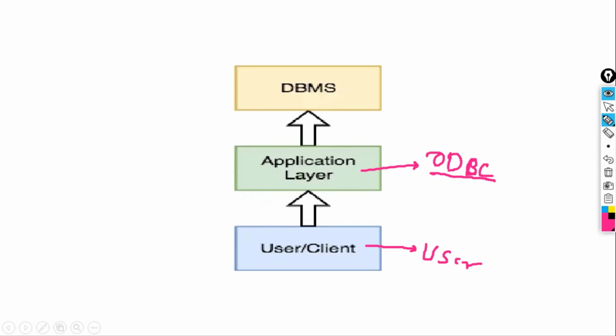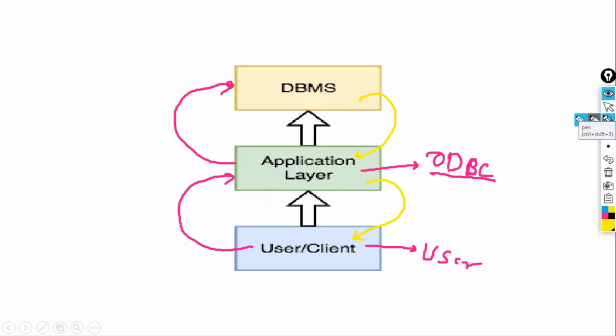And now the user will contact the application layer and the application layer will contact the database management system. Now the database management system will communicate with the application layer and the application layer will interact with the end user. Okay, now let's move on.